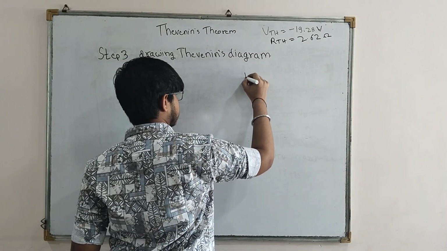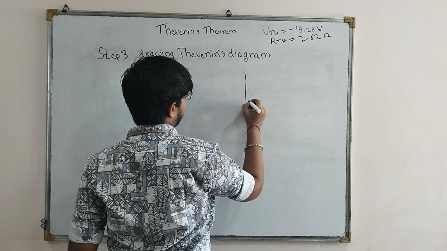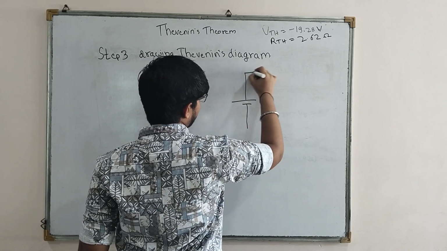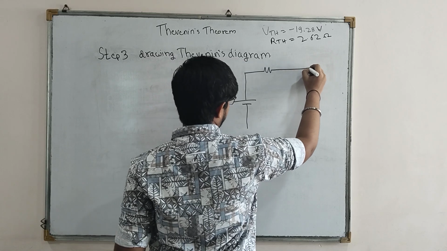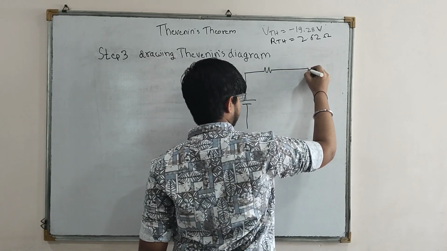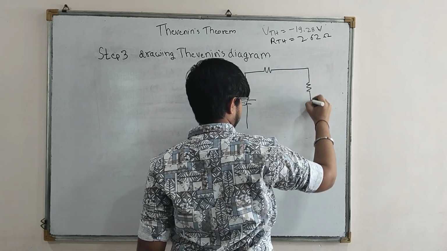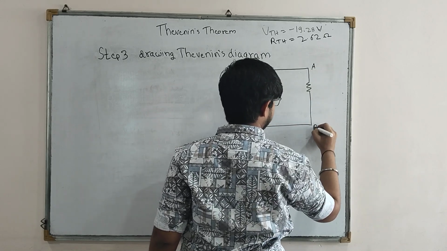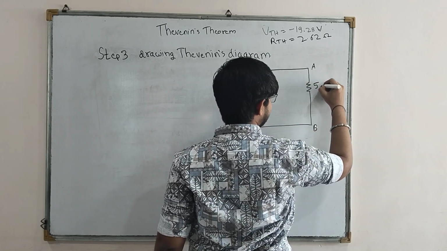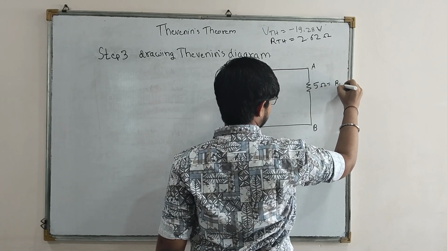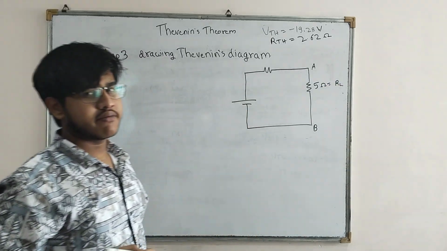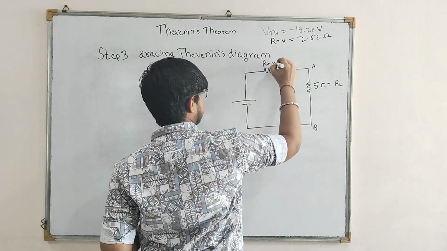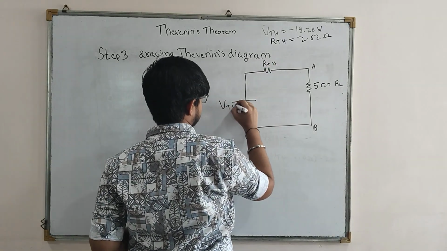So this is our diagram. This was my A terminal, this is my B terminal, this was RL having load resistance of 5 ohm, this is my calculated RTH, and this was my VTH.